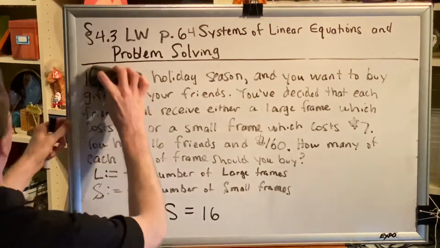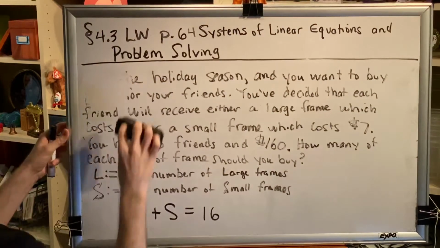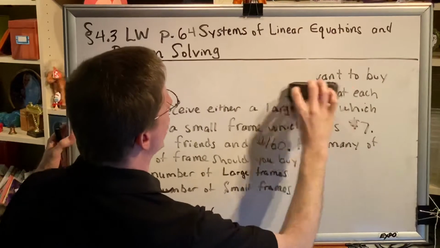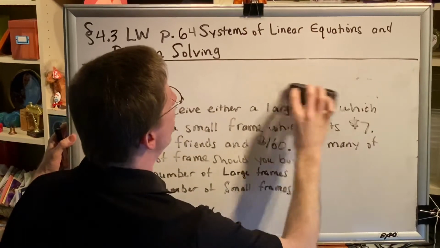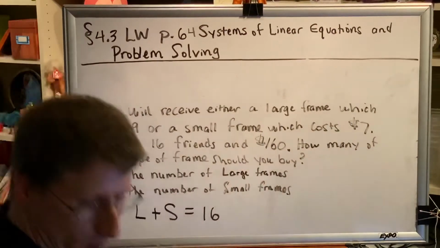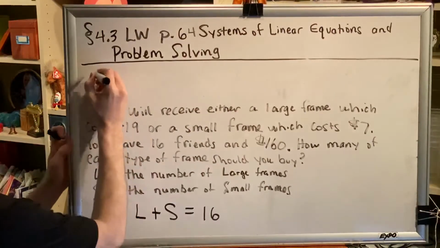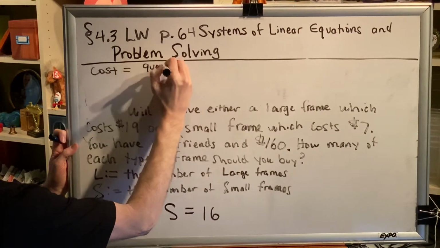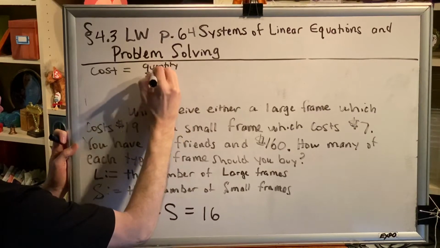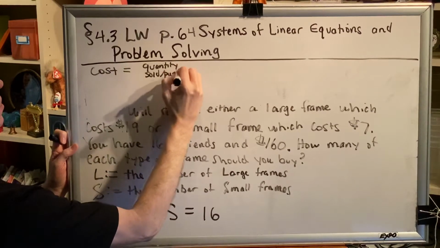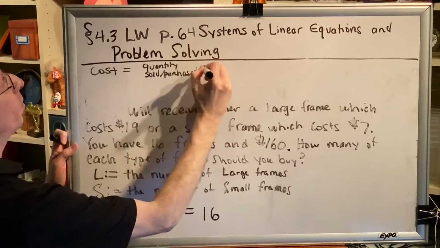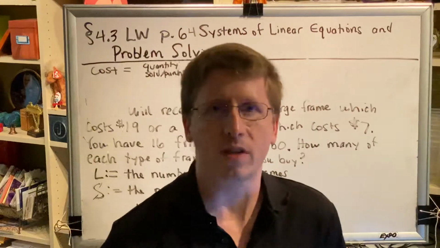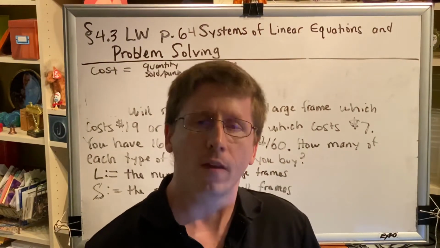Okay, our next equation is going to come from the money part of this problem. We know that we have $160 to spend. And we learned in a previous video that the cost of something can be written as the quantity sold or purchased multiplied by the price. Now in this problem, we've got 2 different types of frames, the small ones and the large ones.